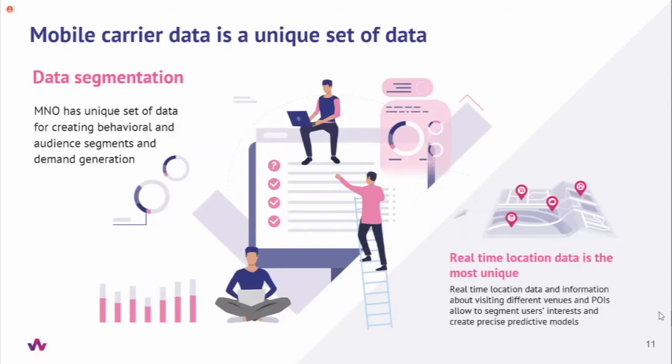If huge IT companies like Google, Facebook, WhatsApp need to install software, like a mobile application, on the user's smartphone, they need to get permission to know the user's geoposition, and then they can use this geodata for segmenting their data.